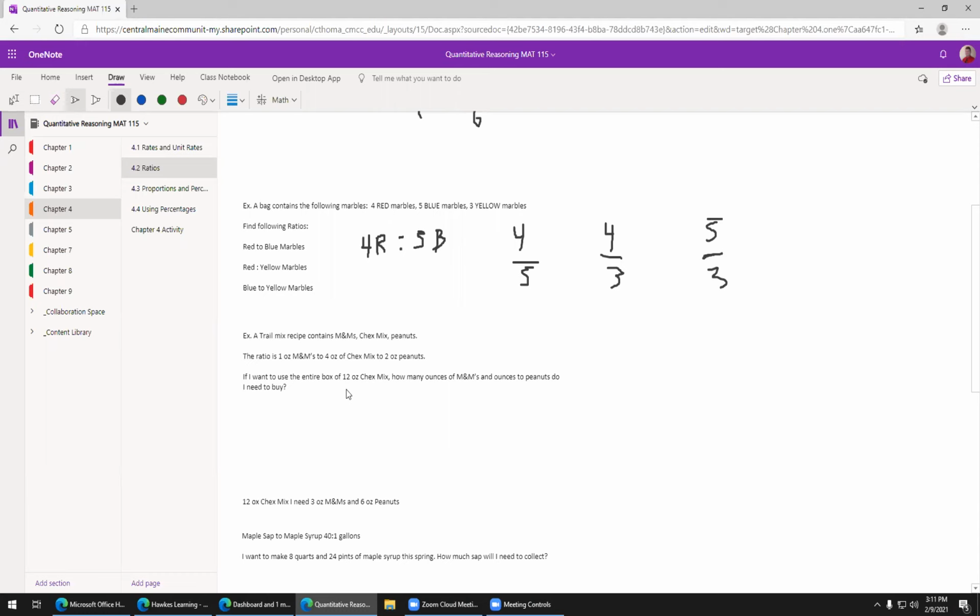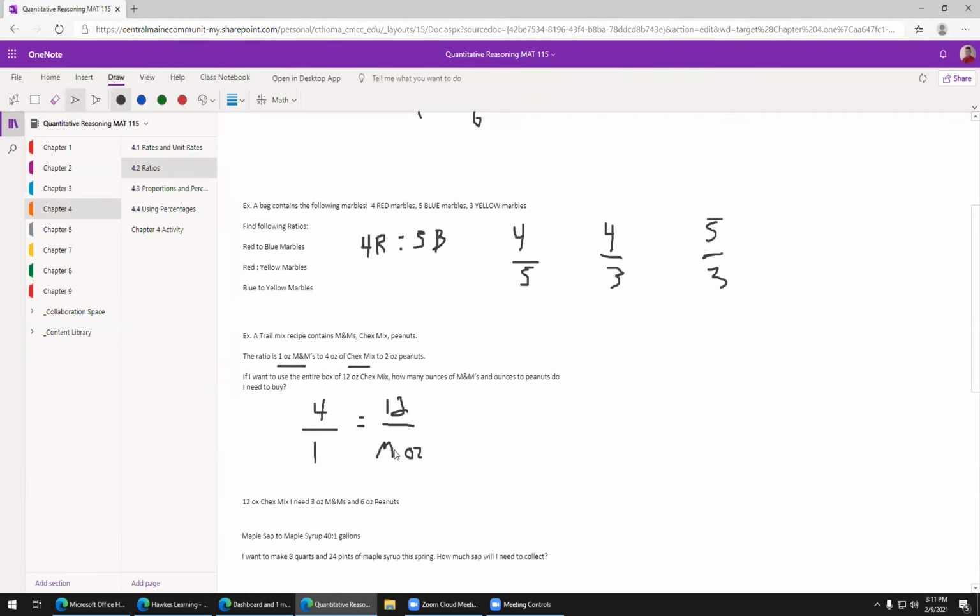So I got 12 ounces. I do these in pieces. First I'll compare Chex Mix to my M&Ms. I know my ratio is 4:1, and now I have 12 ounces of Chex Mix. How many ounces of M&Ms do I need? I'll call this M for M&Ms.